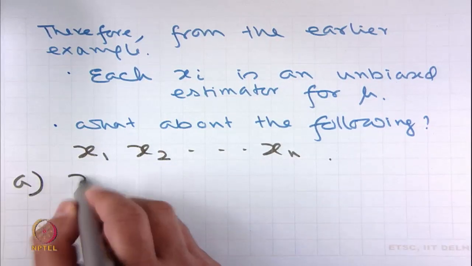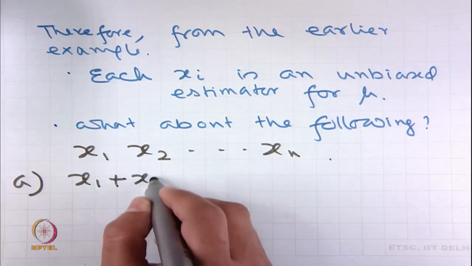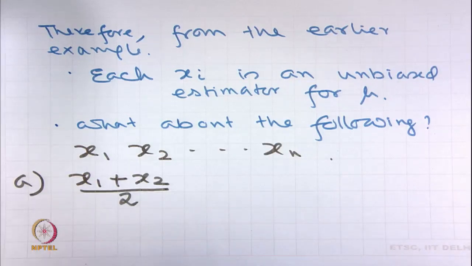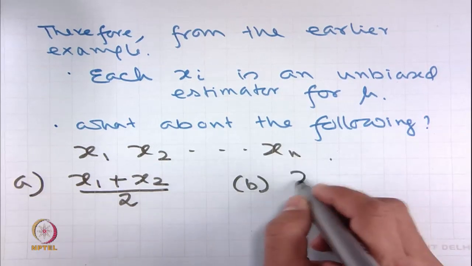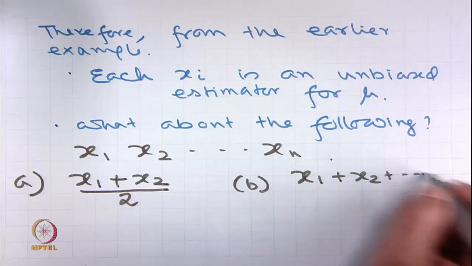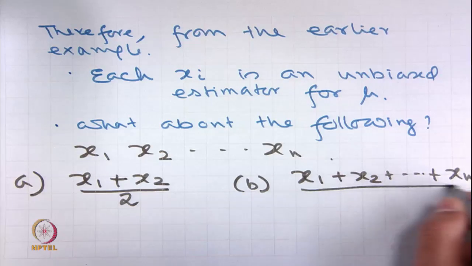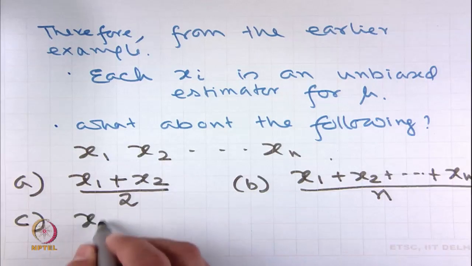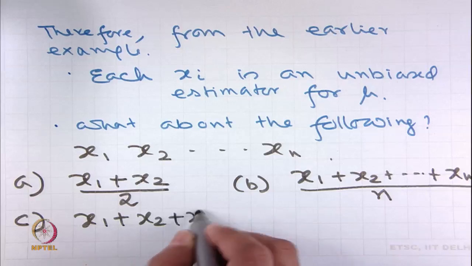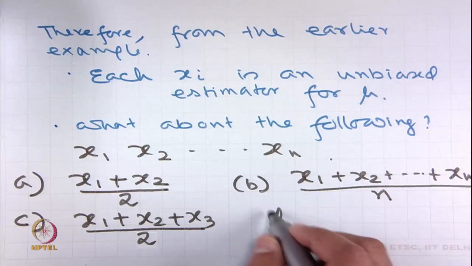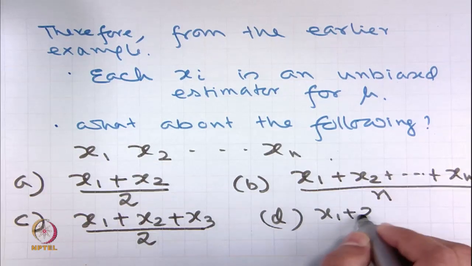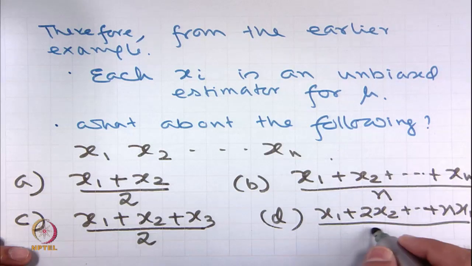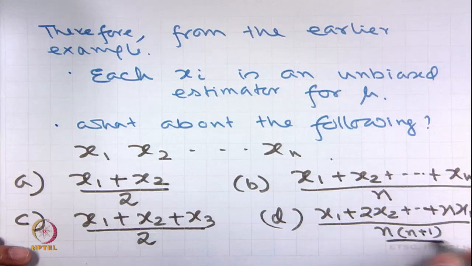So, let me consider a, x 1 plus x 2 by 2; b, x 1 plus x 2 plus x n by n; c, x 1 plus x 2 plus x 3 by 2; d, x 1 plus 2 x 2 plus n x n by n into n plus 1 by 2.